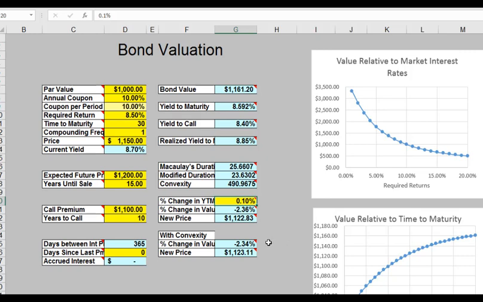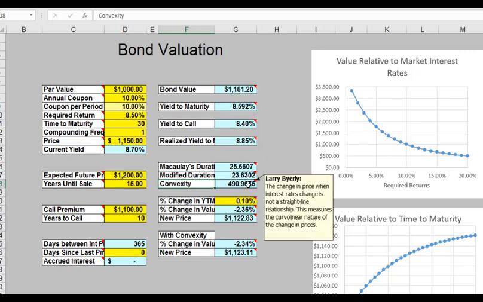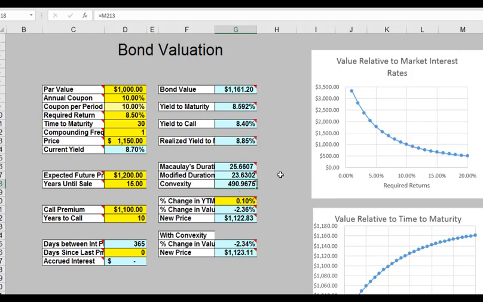There is an additional statistic. And if you look at some of the graphs here to the right, you see that the prices of bonds relative to interest rates form a curvilinear function. So when interest rates change, the value changes, but it's not a straight line relationship. So convexity is a statistic that takes into account this curvilinear nature of the price movement and interest rates.